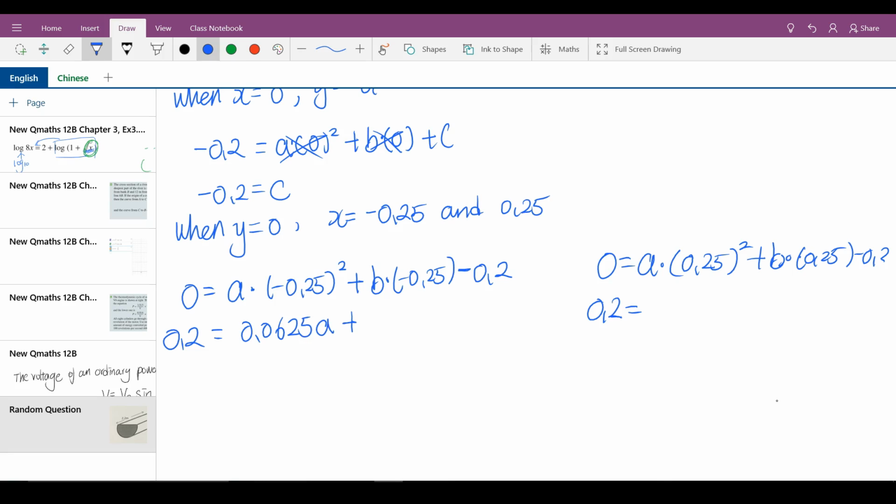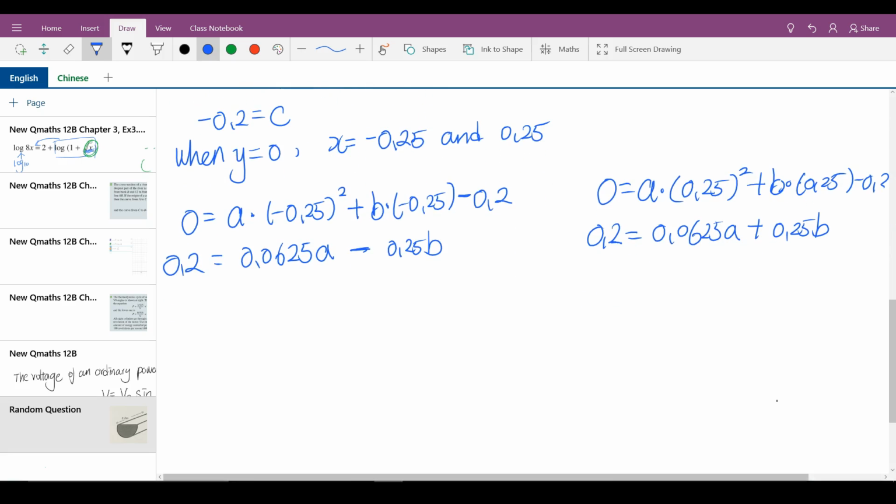Plus, negative 0.25 times b is just negative 0.25b. Cool, that's the first one. And now the second will be the same, 0.0625a. But this one is multiplied by a positive, so it will be plus 0.25b.